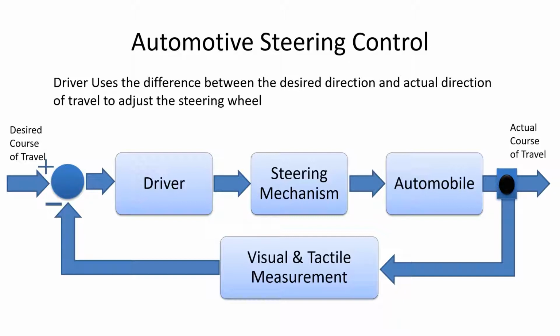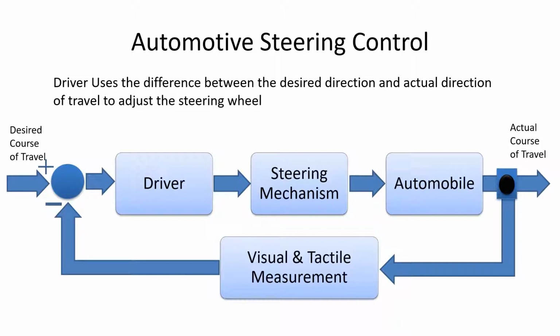The actual course of travel is sensed with the help of visual and tactile measurement. The driver uses his eyes, the visual is taken as the input, and he compares the desired course of travel with the help of the white line.